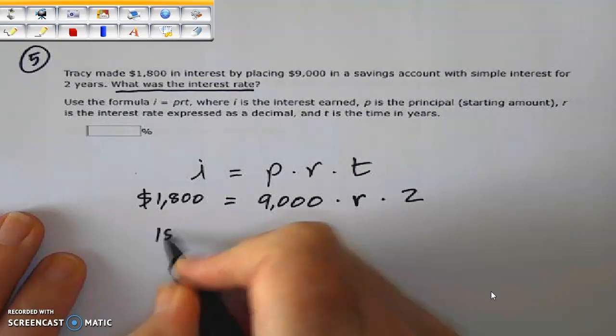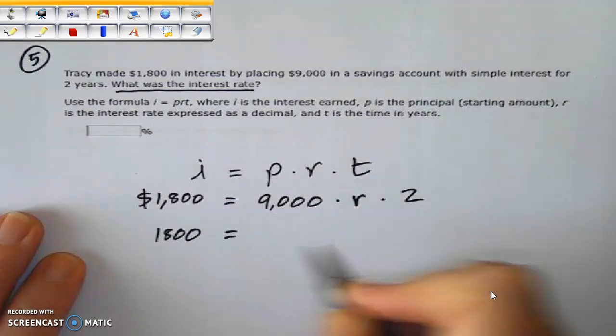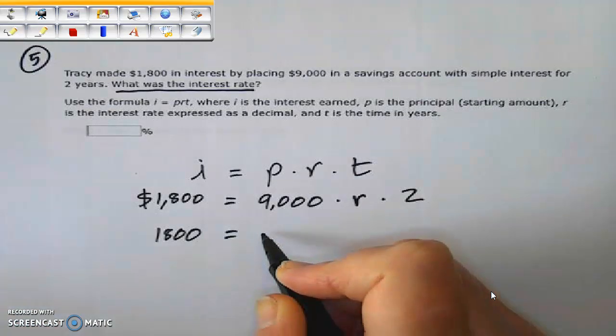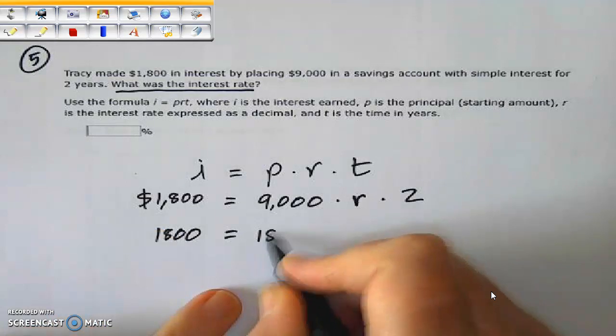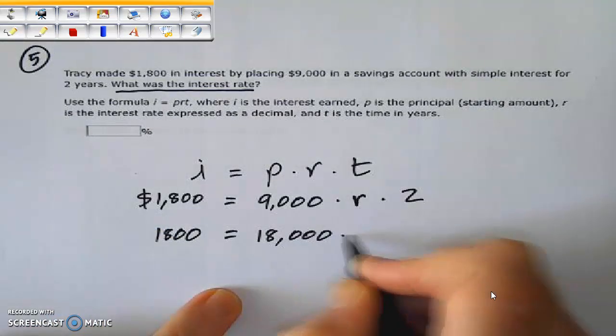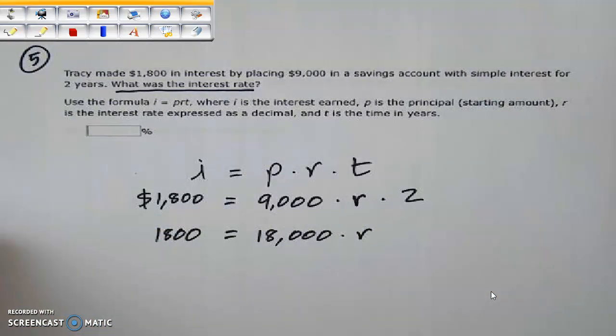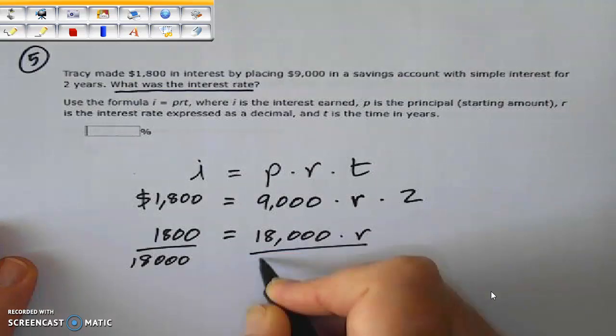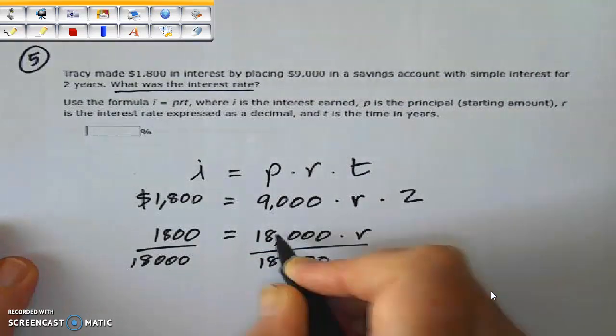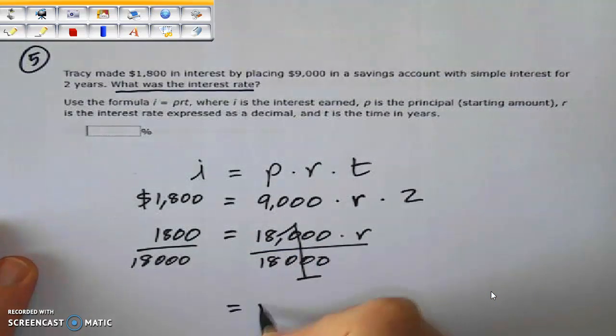So 1,800 is equal to 18,000 times R. We're going to divide by 18,000. That's my equivalent of 1.